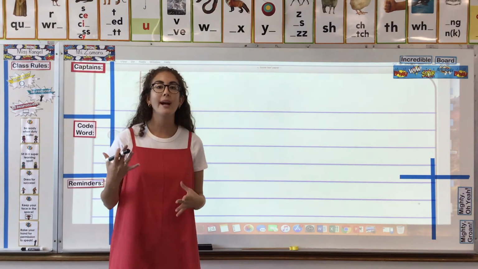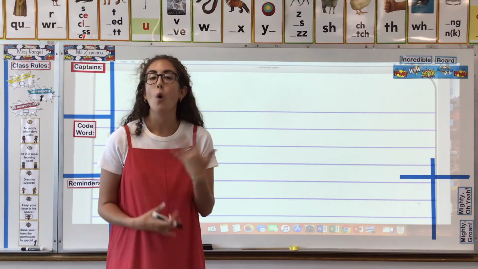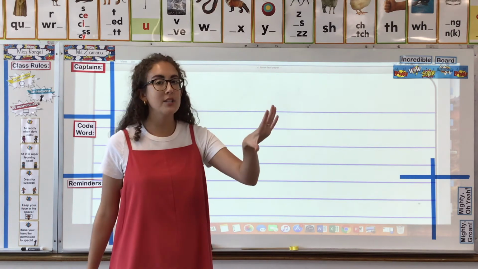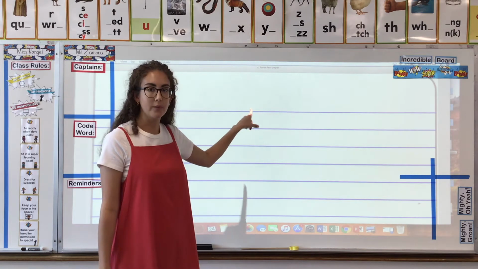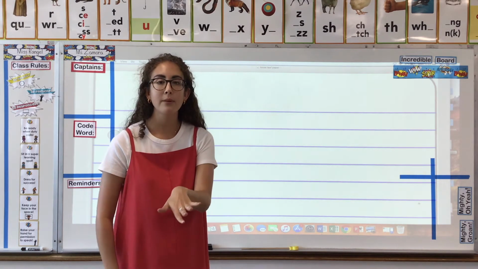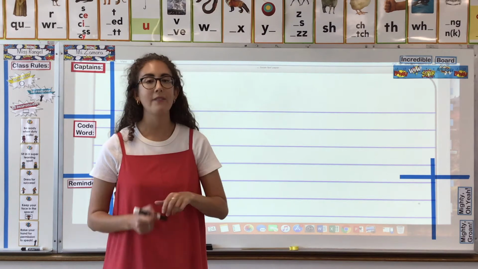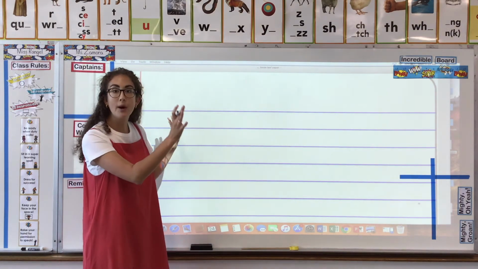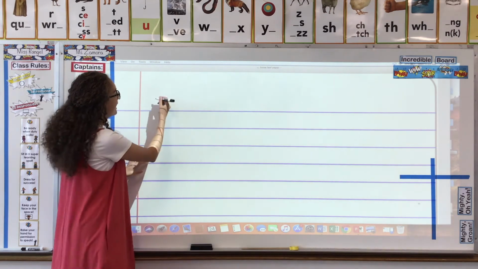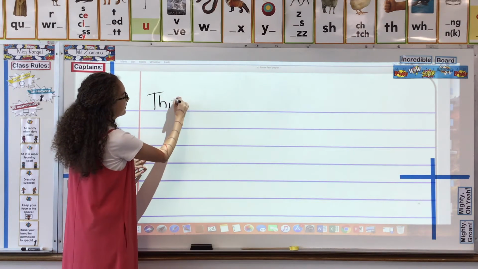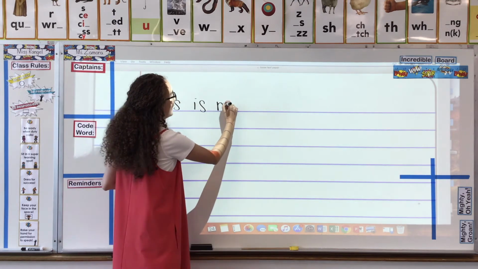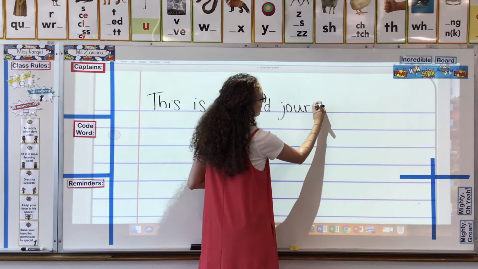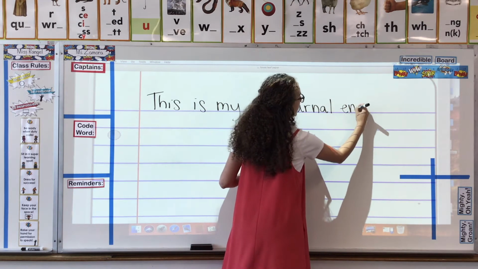Okay, to practice starting a new entry, we have to pretend there was an old one. So everyone is going to write this sentence in your journal. You can take your time, go slow, we're working to have our best handwriting. But to practice like we already had written something, we're going to say, this is my old journal entry.